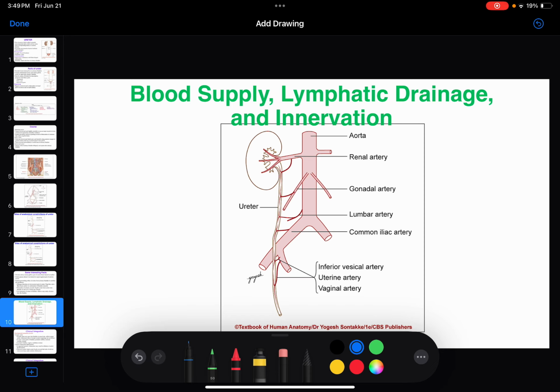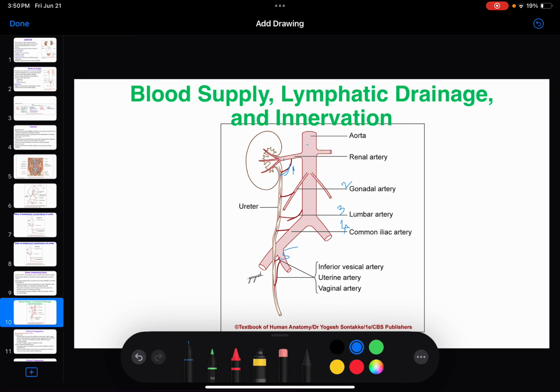So here you can see from the abdominal aorta, so this is the renal artery. So blood supply is from renal artery, so first one, and then gonadal artery, second one. So you can see it is crossing along the gonadal vessels, then lumbar arteries, then from the common iliac arteries there are direct branches, and then from internal iliac also there are direct branches.